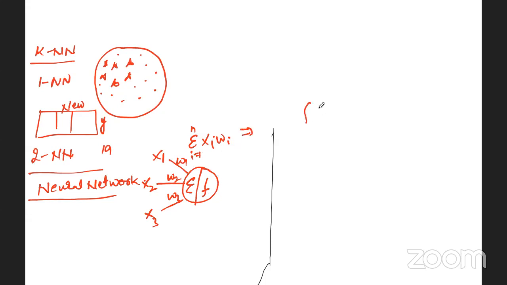I can summarize it like this: the function of the sum of xi wi is my output. This function could be a step function, which we discussed yesterday, or a ReLU or TANH or Gaussian or whatever. There are many activation functions. Based on the definition of the activation function, the output is delivered.